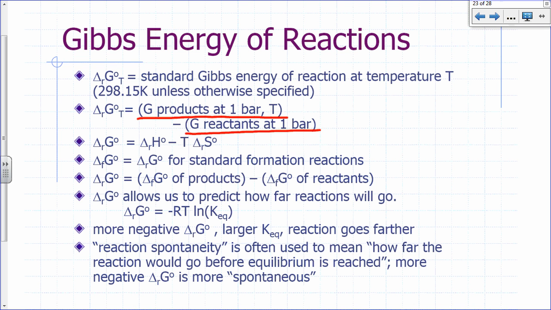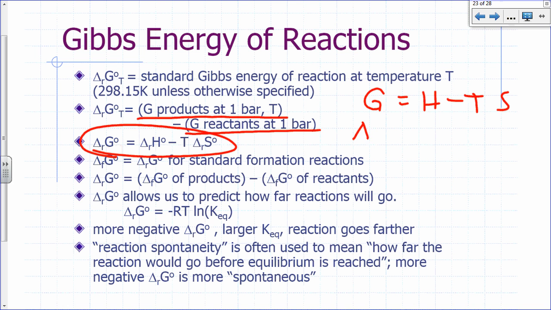And you can just calculate that from measurements of delta H and delta S. So remember, G is H minus TS, so at constant temperature, delta G is just delta H minus T delta S. So if you know the standard reaction enthalpy and the standard reaction entropy, then you can calculate the standard reaction Gibbs energy.